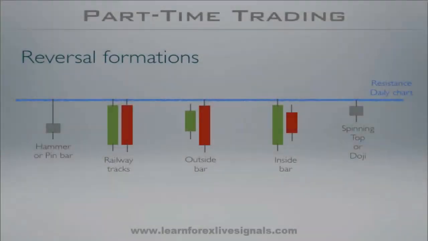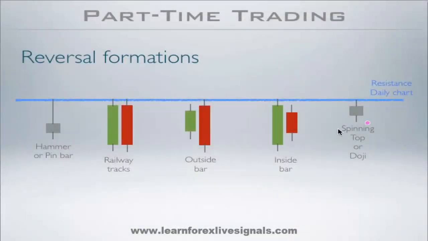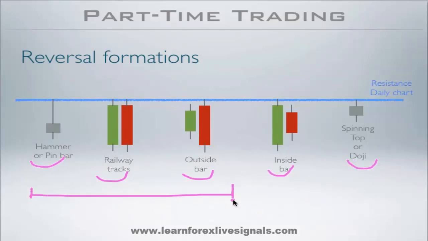As you can see, out of the 5 different reversal formations we are going to be studying in this presentation, 3 of them are high quality ones and the last 2 of them are low quality ones. This doesn't mean that they are not tradable. They are indeed tradable, but you will probably see in the long run a slightly lower win-loss ratio out of these ones than if you just stick to the first ones.